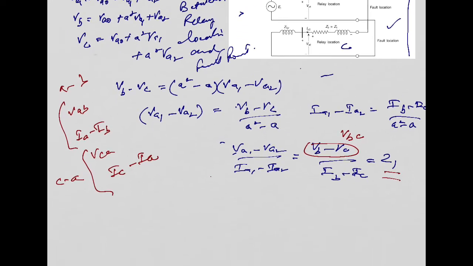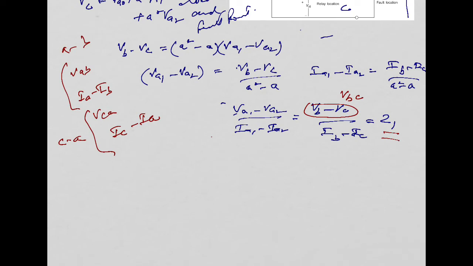So the distance measuring units which cater for the faults AB, BC and CA are known as the phase fault units.